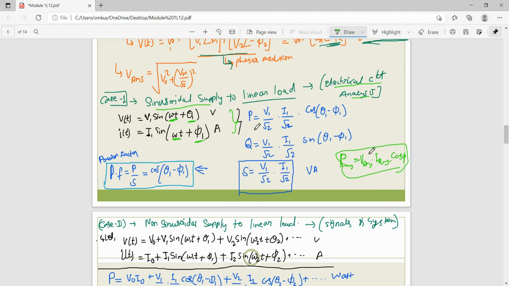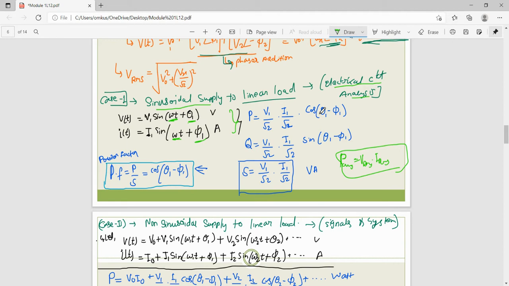So here it is an AC circuit, that's why the power factor cos phi is considered here. So now see, power is equal to Vrms, which is V1 by root 2, and Irms, which is I1 by root 2, and the phase difference between them is cos of theta 1 minus phi 1. When you use the RMS values of these two, you will get this.